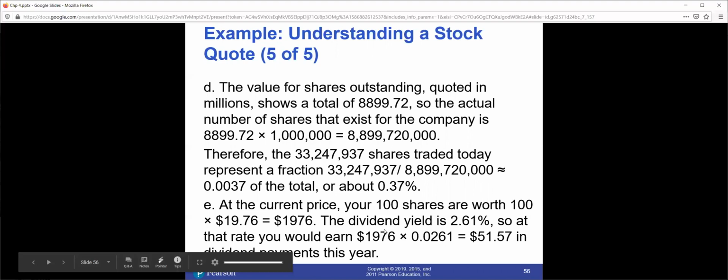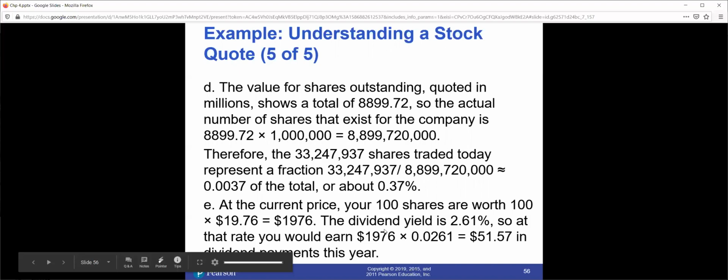So 33 million shares were traded as of the writing of this video, or about 0.37% of Microsoft's shares exchanged hands. At the current price, if you owned 100 of those, which again, 33 million shares were traded, you owning 100 really isn't that big of a step there.